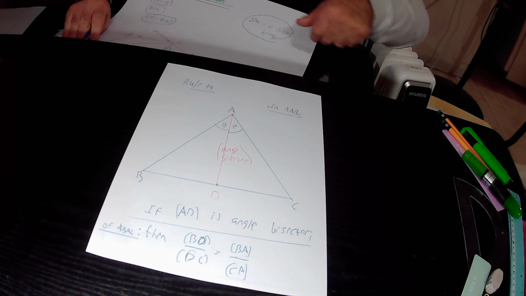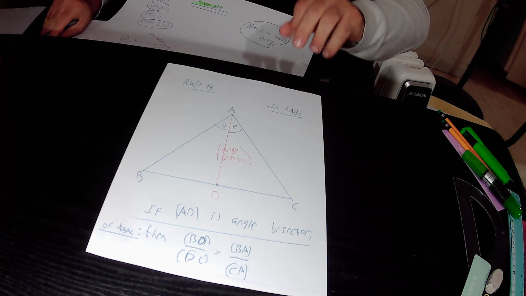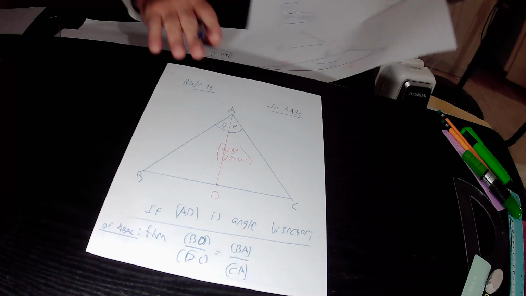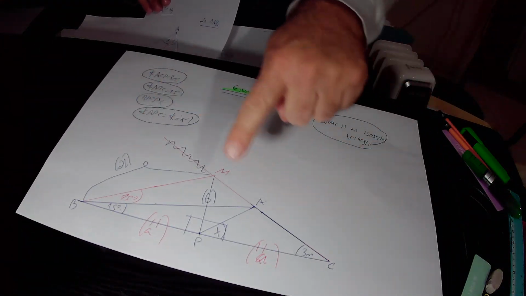So we apply the angle bisector theorem, rule 19, in the big triangle MBC.